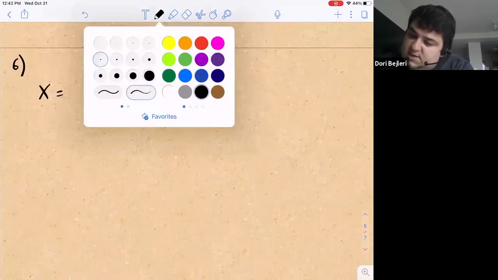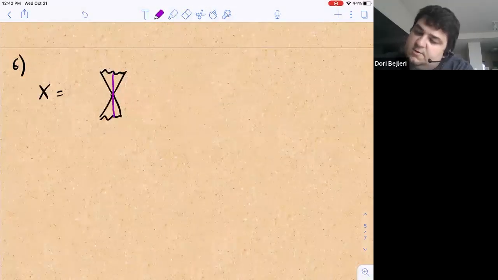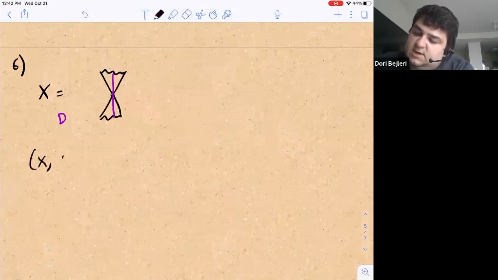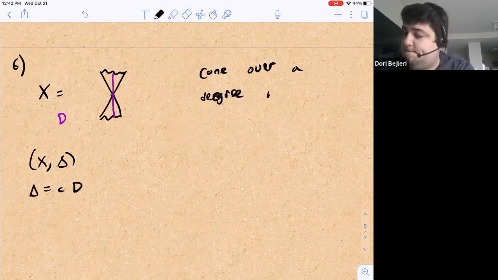And let's say that D is one of the lines through the cone point. So we're looking at the pair X comma delta, where delta equals cD. This is the cone over a degree n rational normal curve.